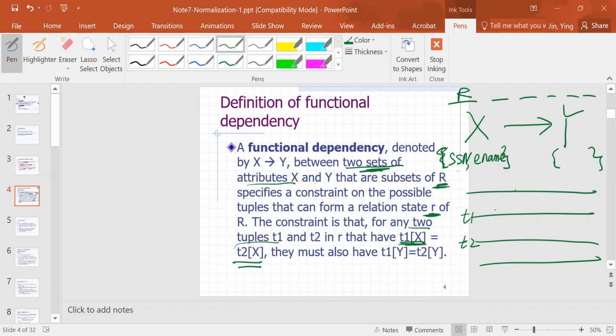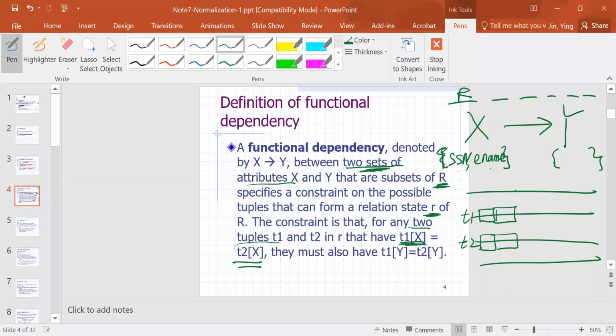T1[X] has the corresponding attributes, so T1[X] is whatever values correspond to that X part, and T2[X] is whatever values correspond to it, like 1, 1, 1, 1 and 1, 1, 1, 1, something like that.